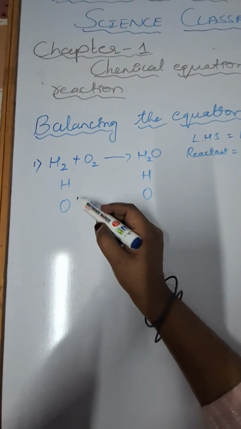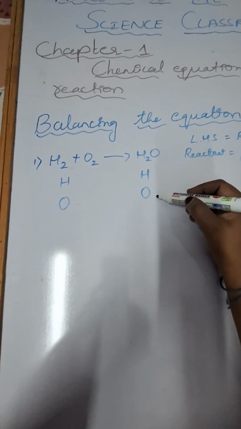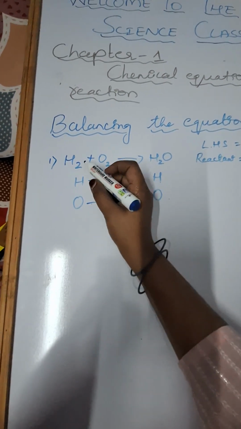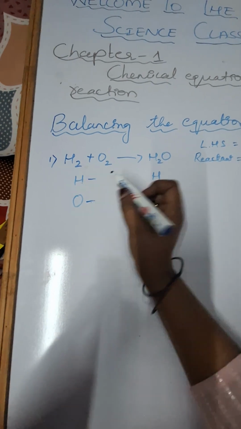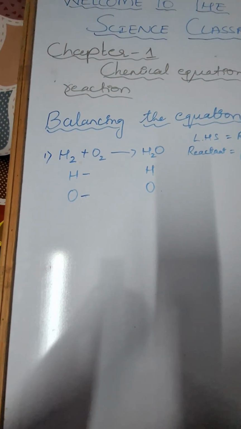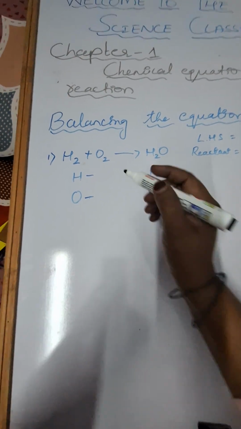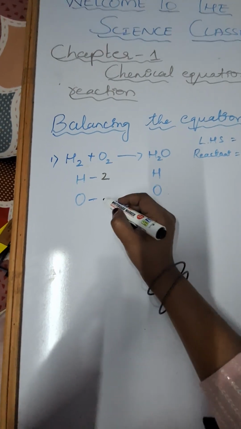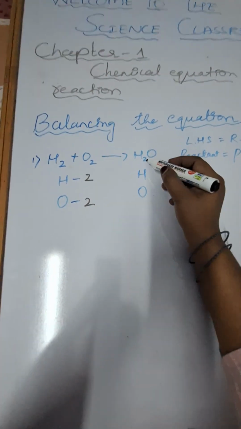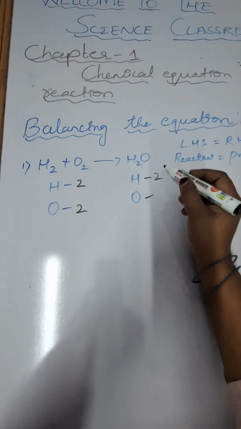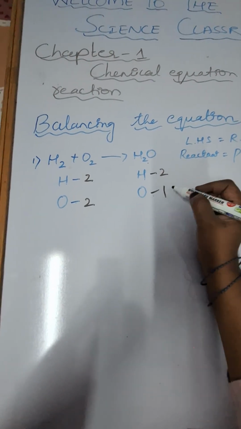Now we have written the reactants and we have written the products. Now write how many hydrogens are there, how many molecules? H2. So hydrogen is 2, oxygen is 2, whereas here we have hydrogen 2, oxygen 1.